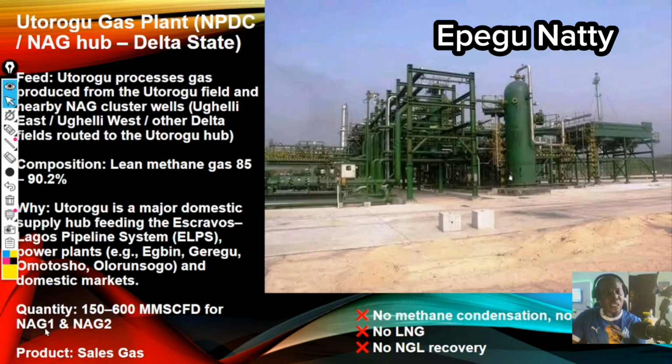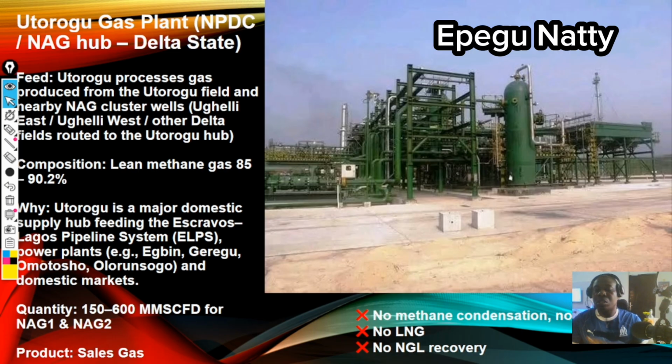So when you talk about gas plants, you're talking about the Egbin gas plant, the Geregu, Omotosho, Olorunshogbo, and other domestic marketers. The capacity of this plant is about 150 to about 600 million standard cubic feet per day for the energy 1 and energy 2 anyway.